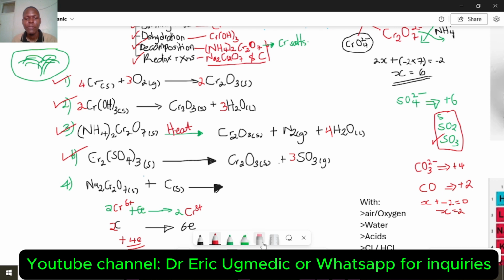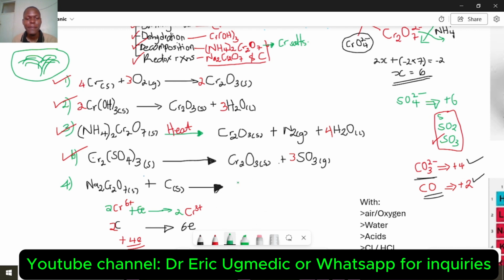So that's how I know the oxidation state. So to account for these 6 electrons that are lost, I'll have a carbonate, which shows that carbon lost 4, then in the carbon monoxide it will have lost 2. So meaning in the products I expect to have a carbonate, I expect to have carbon monoxide.